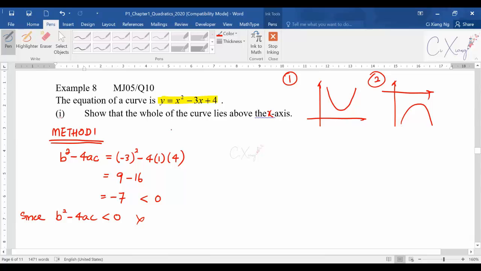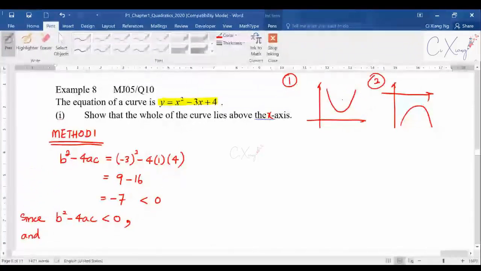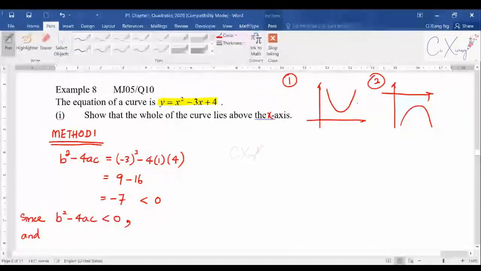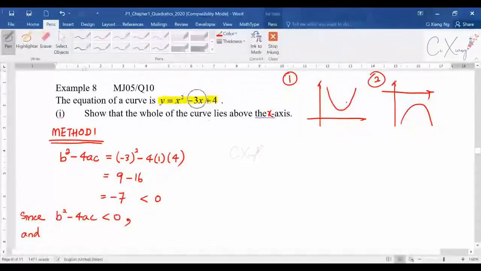Therefore, if you only write b squared minus 4ac smaller than 0, it is not enough to prove that the curve lies above the x-axis. You need another piece of extra information. What is the extra information? You want to prove that you have a U shape instead of an n shape. Understand or not? You want to prove that your equation here is actually a U shape. How can you prove that it is a U shape?